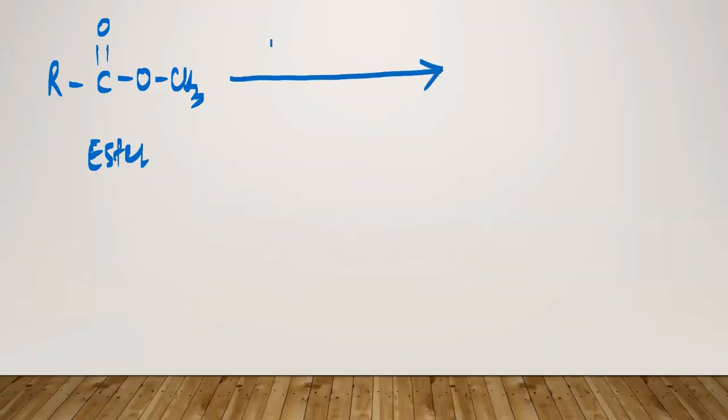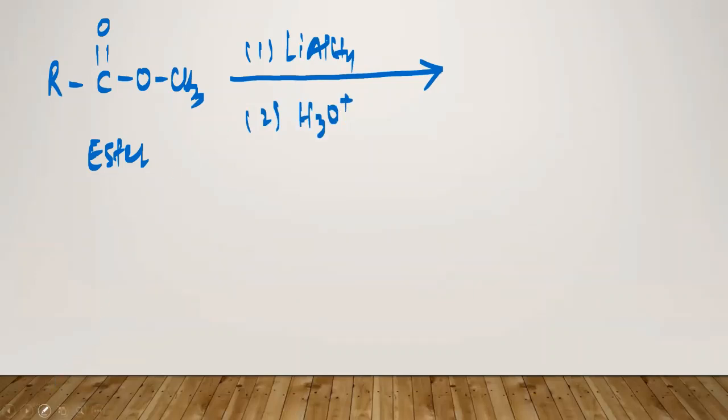So let's come back to the lithium aluminium hydride. So let's talk about now here ester. C double bond O and OCH3. This guy is our ester. So this is our ester. Remember here, we will be doing two things here. We will be using first step lithium aluminium hydride and followed by acid hydrolysis.